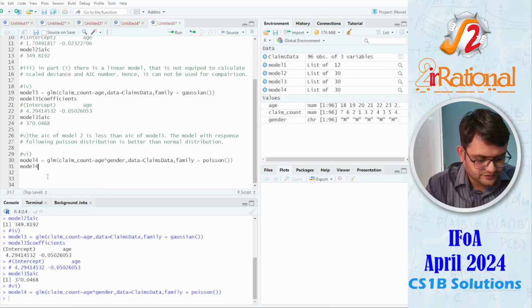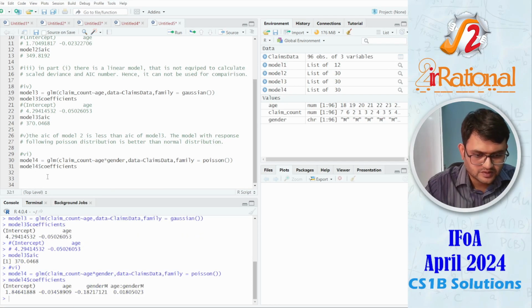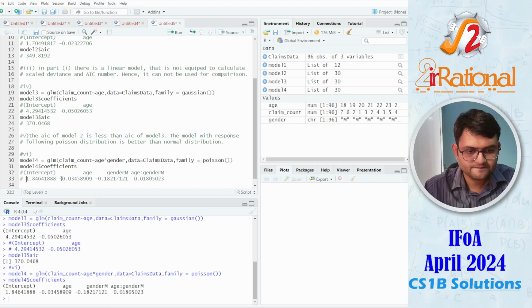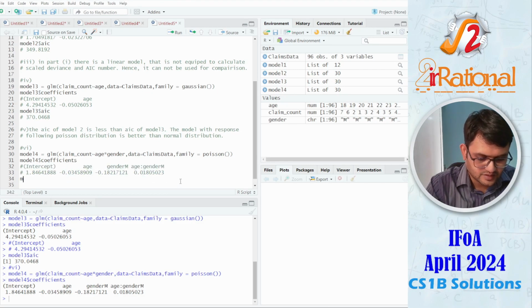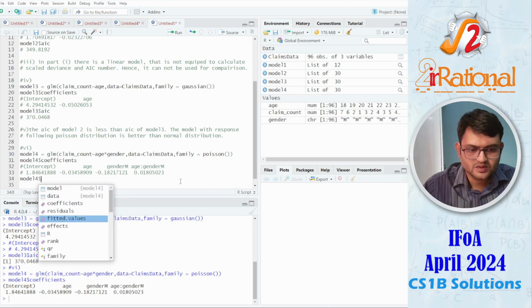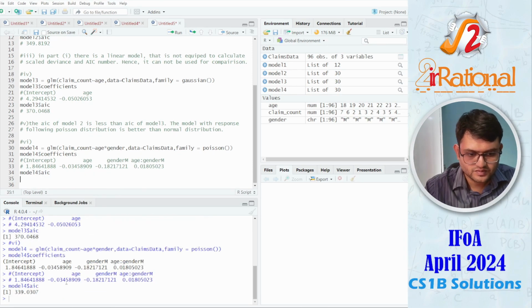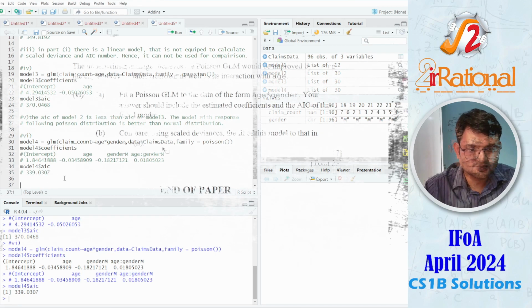We want the coefficients. Clearly the AIC number here is better, or it's smaller, than the AIC in the previous model.